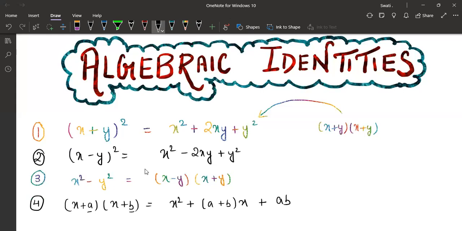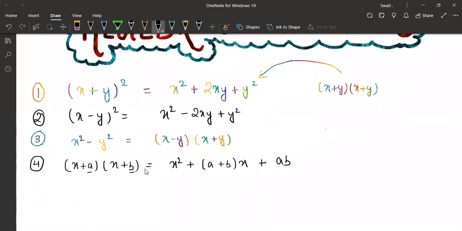Remember that this is different from the third one. Don't get confused. That one is x minus y, x plus y, where x is the same and y is the same. Here it is x plus a and x plus b, where a and b are different.